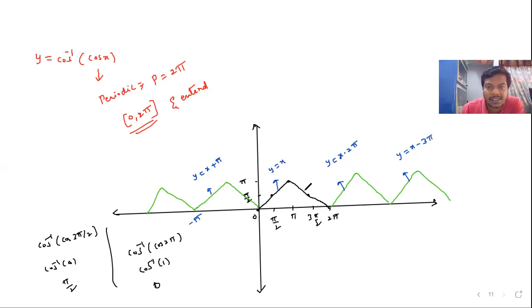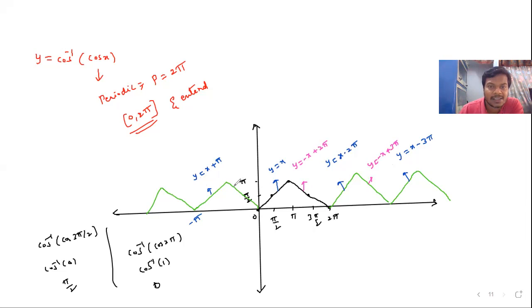Next, this one y equal to minus x plus 2 pi. When you write x value 2 pi, minus 2 pi plus 2 pi gets cancelled, becomes 0. Okay. Next, this one y equal to minus x plus 3 pi.